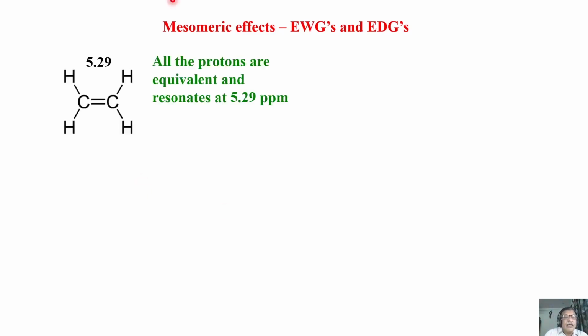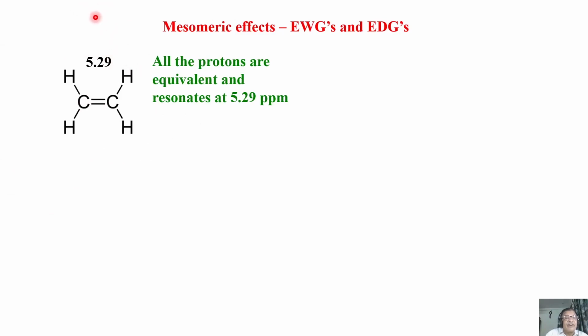Now consider an example of one molecule where we have an electron withdrawing group, and also another molecule where we have an electron donating group. Okay. Start with a simple molecule. What is this? C2H4. C2H4 is ethylene. Now all the 4 protons of this molecule are equivalent.